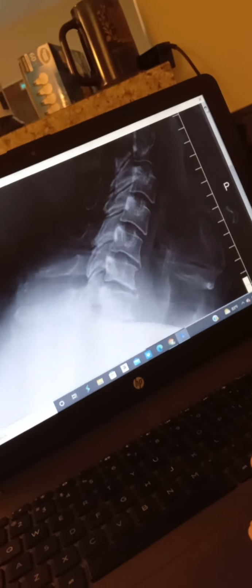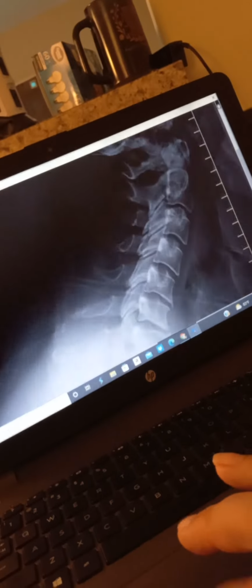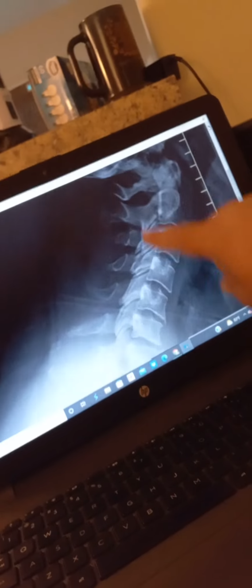If there is anything wrong, it seems to be mainly right in here, the C3 to C4, right? So this is the C2. It's pushed, right? These 3 vertebrae, 1, 2, 3, look different. These 2 are pushed down lower than the normal line would be.